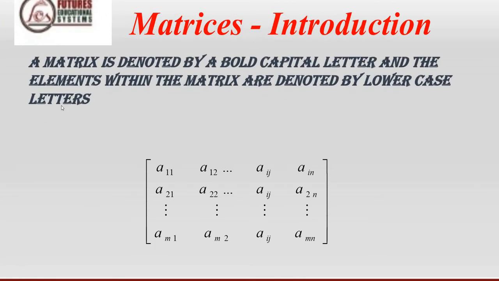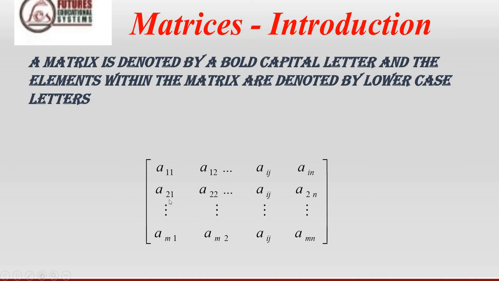Matrices. This entry A11 is represented by the first row and the first column. A12 is represented by the first row and the second column. Up to Aij, where i represents the row and j represents the column.